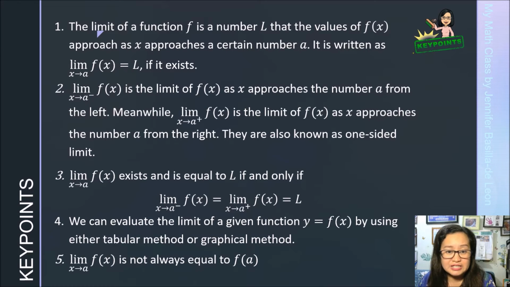And lastly, the limit of f of x as x approaches a is not always equal to f of a, just like the last example that I have given you.